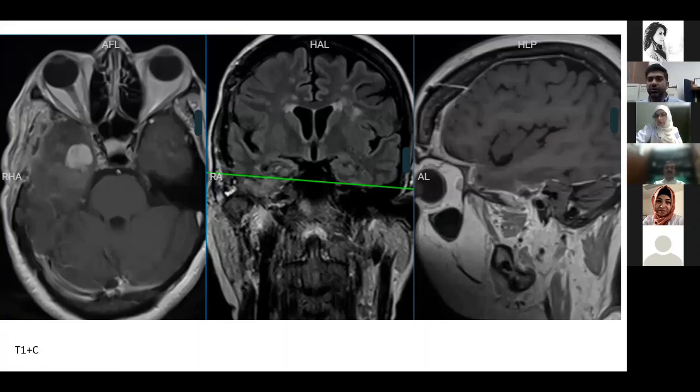Okay. So do you do pre-op embolization in all the meningiomas, skull base? Yes, sir. I'm just asking because, what's the criteria? How do you choose the patient for the pre-op embolization?